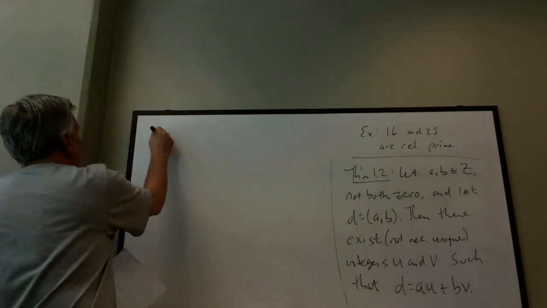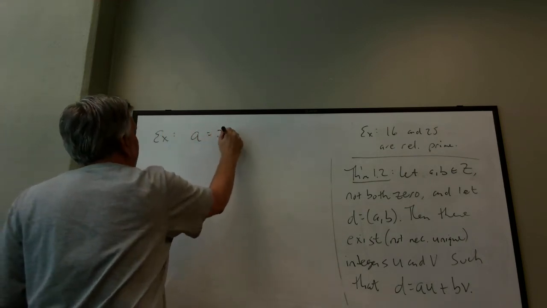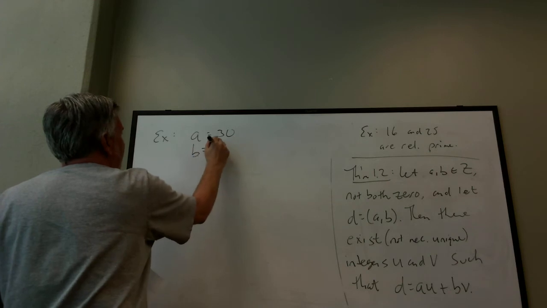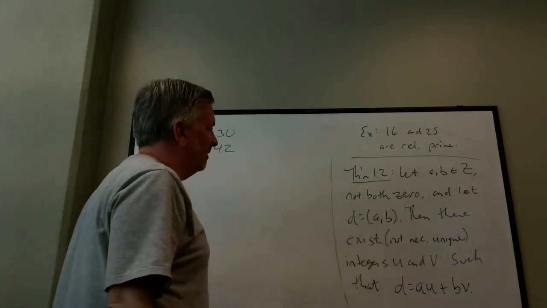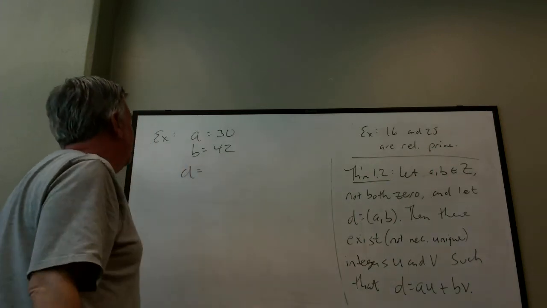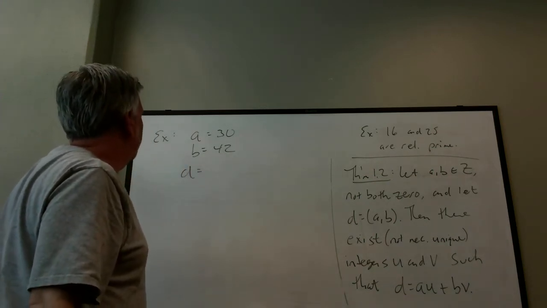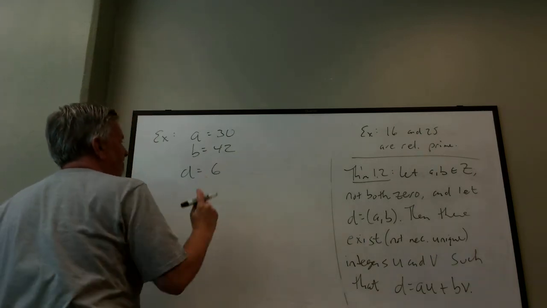So let's look at an example here. Suppose a is 30 and b is 42. Those are my two integers I'm starting with, both non-zero. Now what's d here? What's the greatest common divisor of 30 and 42? Looks like it's 6, isn't it?